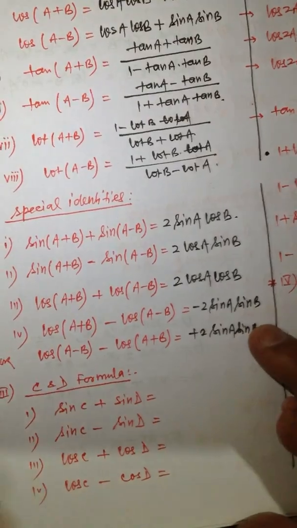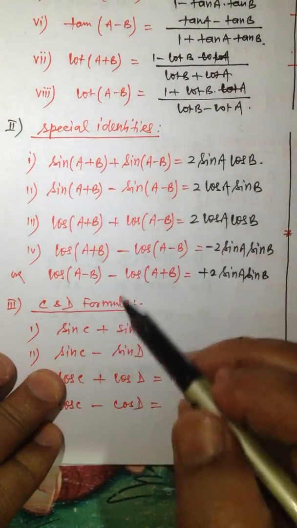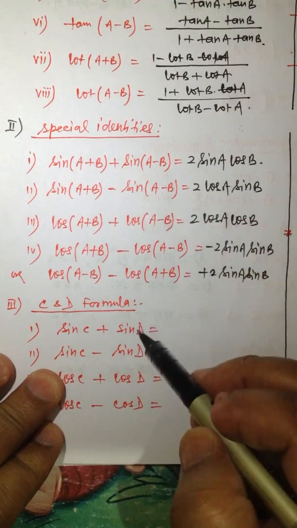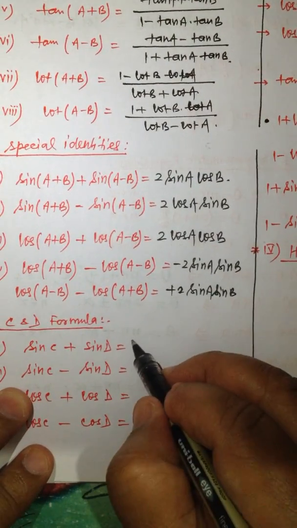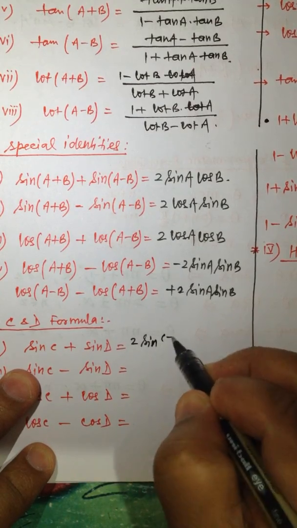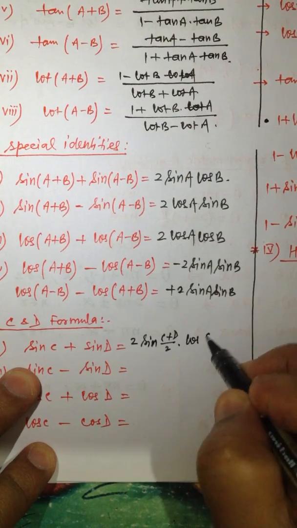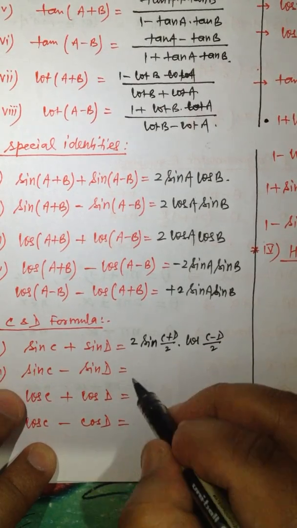Okay, so here please focus, very important. Sin A plus B is C, sin A minus B is D. So this will become 2 sin (C plus D by 2) into cos (C minus D by 2).